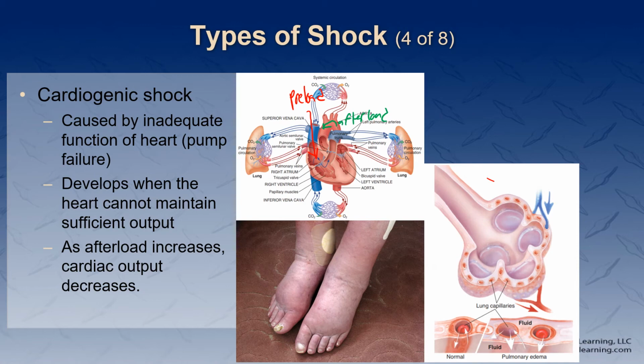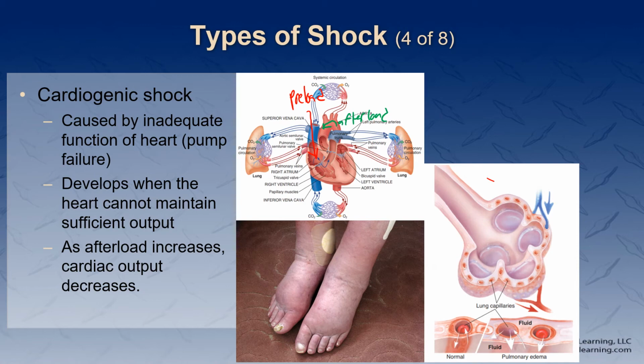So as a patient starts to go into shock, the body's attempt to maintain blood pressure actually causes an increase in afterload, which if your patient has a normally functioning heart is fine. That increases flow to the vital organs. But in a patient with a sick heart, you actually increase the amount of pressure that heart has to work against.